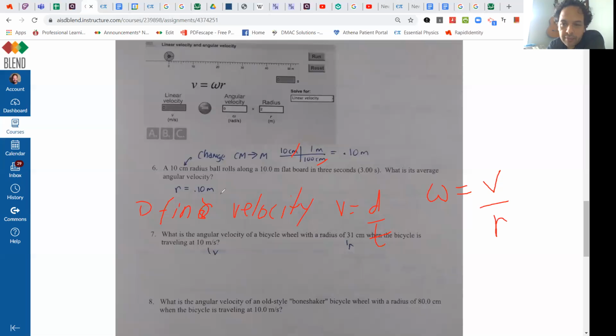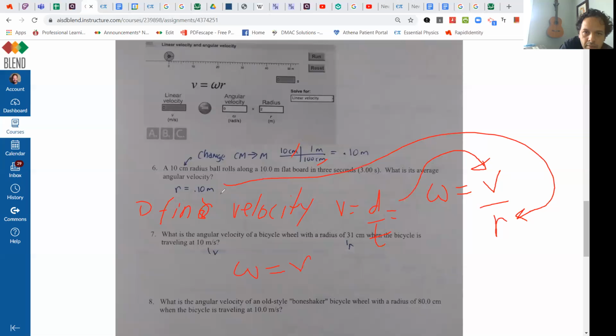You have R. This will give you the velocity. And then this one, angular velocity equals V over R. So not hard.